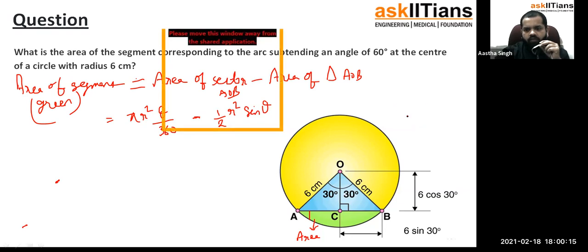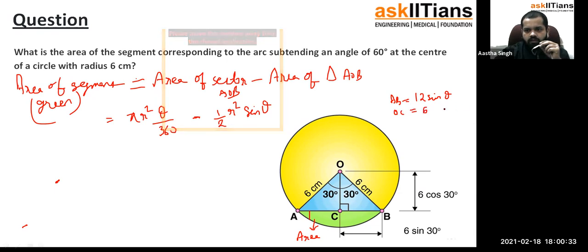So for the area of triangle, what will be the length of AB? AB length will be 12 sin 30, and your OC is 6 cos 30, cos theta, let me write, right?